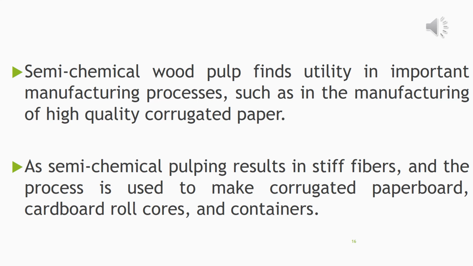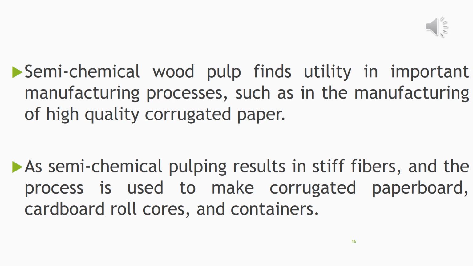Semi-chemical pulping results in stiff fibers, and the process is used to make corrugated paperboard, cardboard, roll cores and containers. So due to its stiffness, it is used to make high quality corrugated paper.